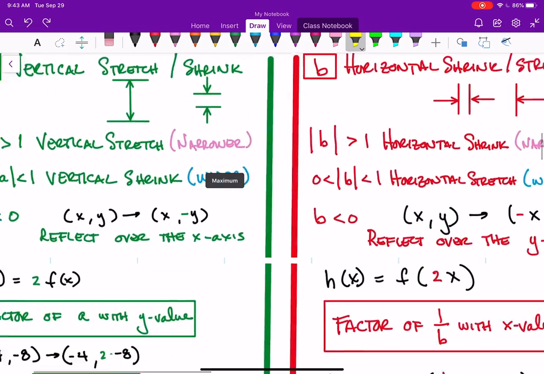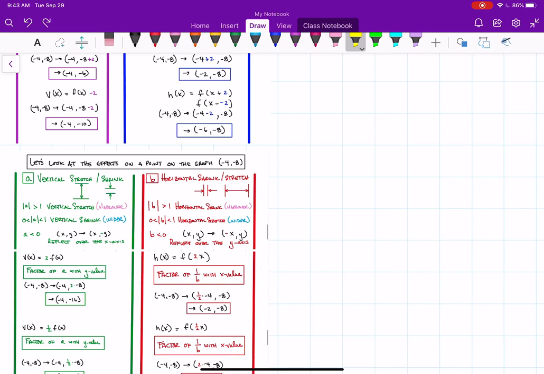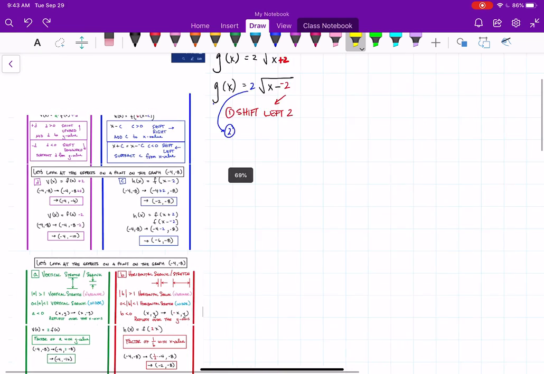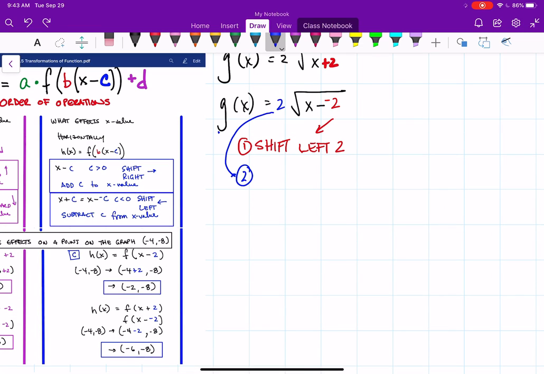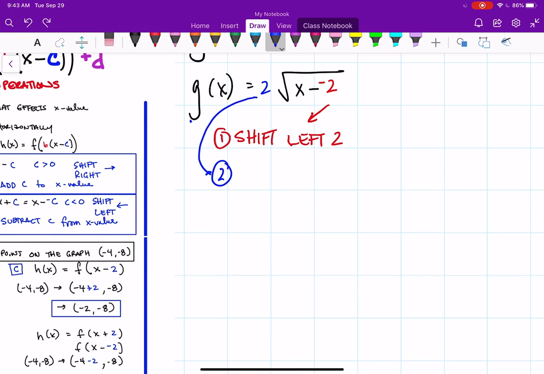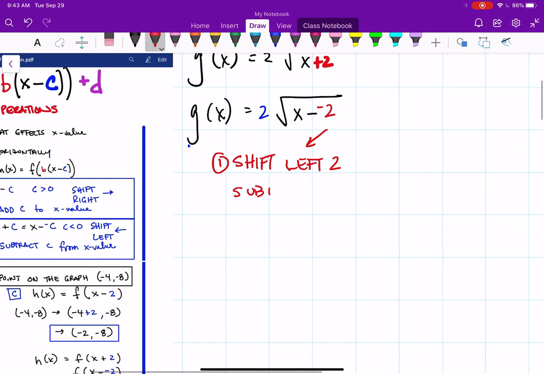Now, if you notice in the purple, I talked about narrower and wider. First of all, let me finish this thought for this problem. The 1 says shift left 2. That means I'm going to subtract 2 from the x value.